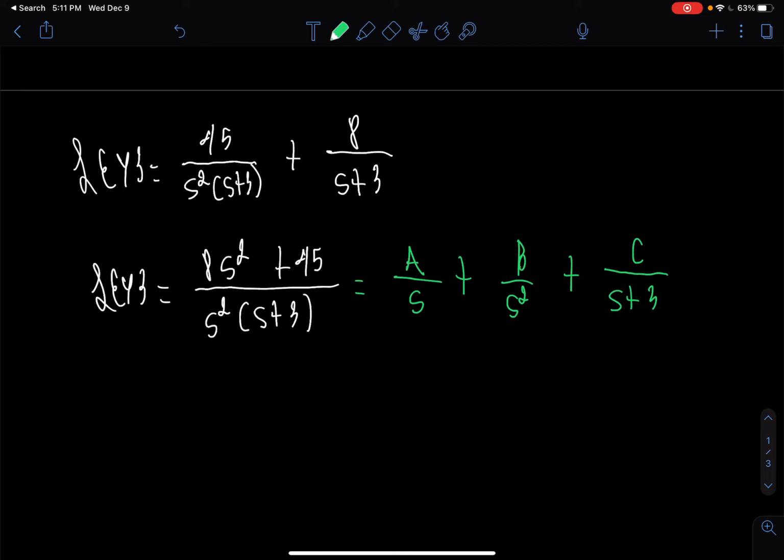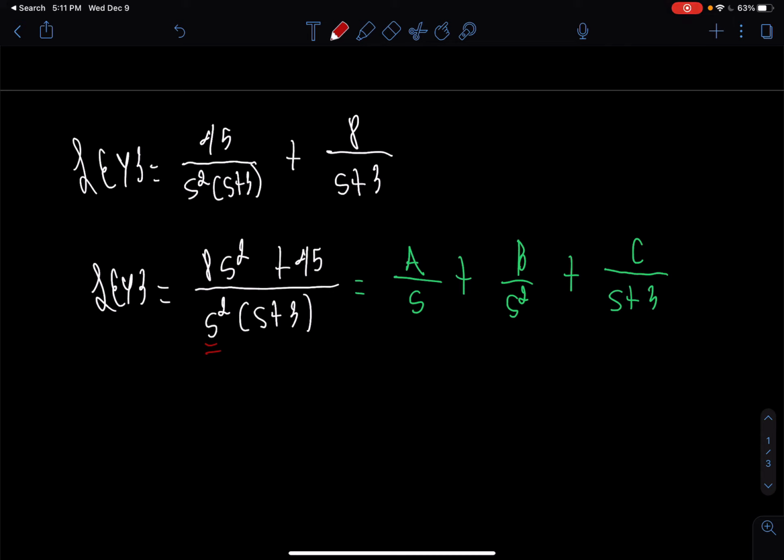So what happens here is that for the first step, we cover up this s squared right here, and we substitute 0 into the rest, 8s squared plus 45 over s plus 3. Essentially this becomes 8 times 0 squared plus 45 over 0 plus 3.